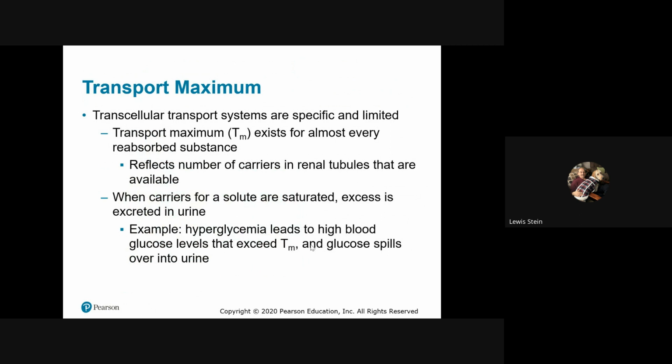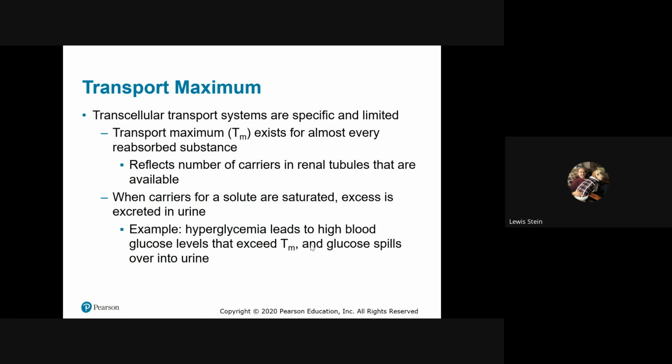And these are the transport maximums. Every substance has a limit, and the best model is glucose. It's the number of available carriers that will allow that stuff to be brought back in and conserved. When all those openings to bring back, let's say, glucose are occupied, then the glucose, the term we always use, spills out into the urine. That's one of the things we use to know.